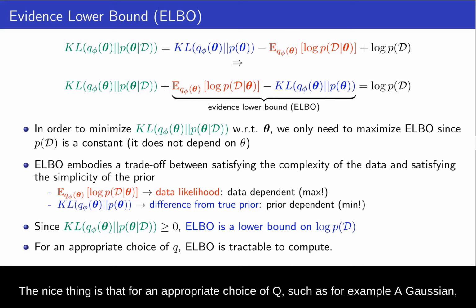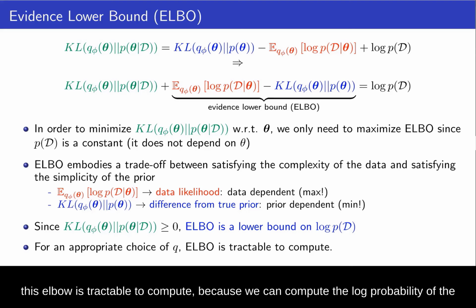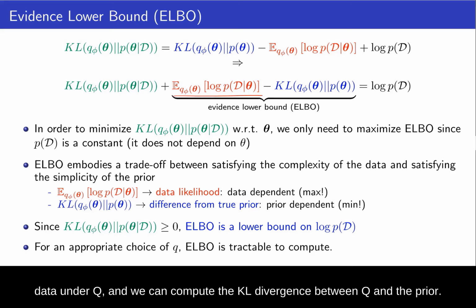And the nice thing is that for an appropriate choice of Q, such as, for example, a Gaussian, this ELBO is tractable to compute, because we can compute the log probability of the data under Q, and we can compute the KL divergence between Q and the prior.